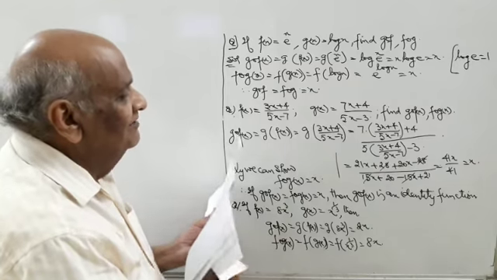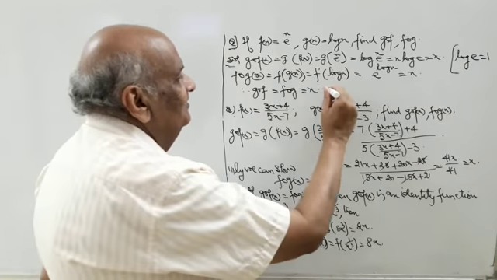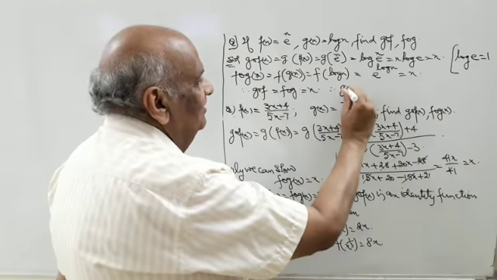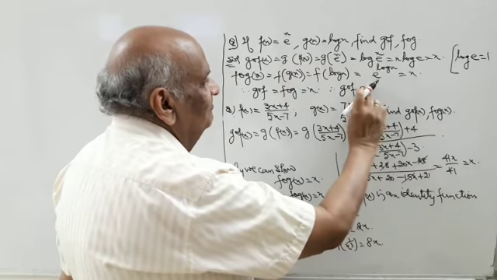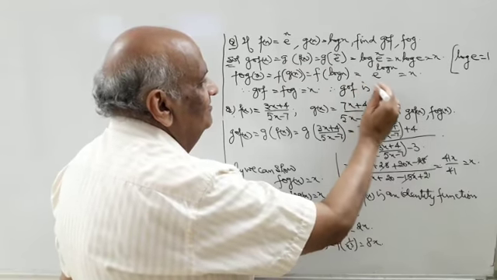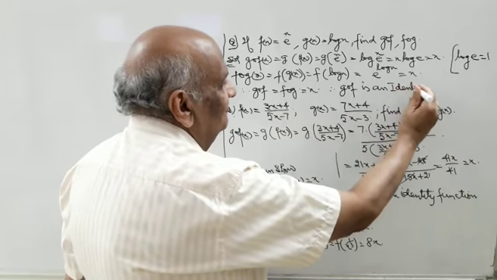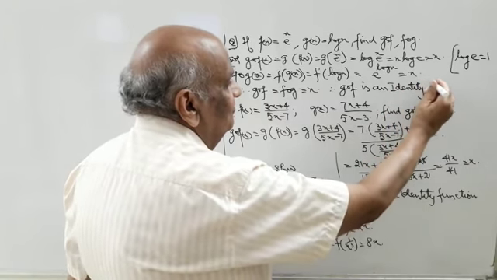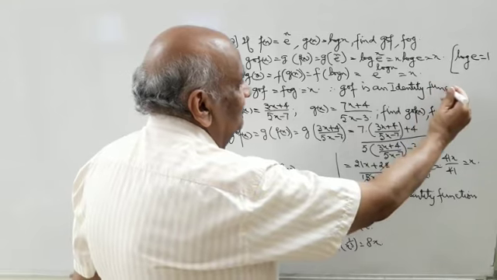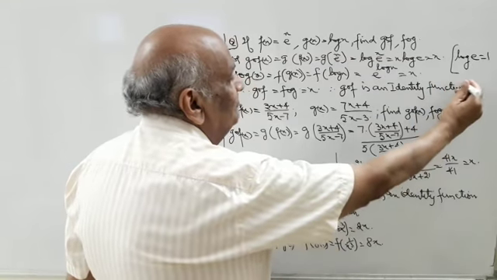So here also we can say, therefore g circle f is an identity function, or we can call it identity mapping.